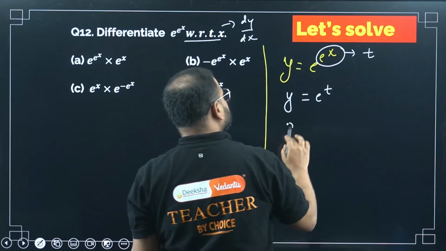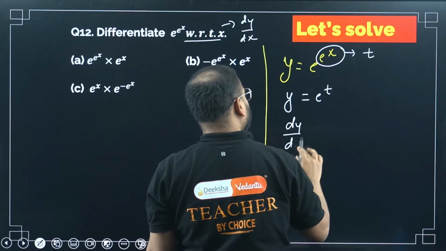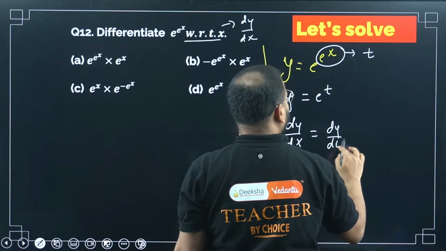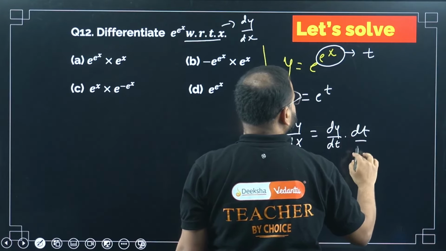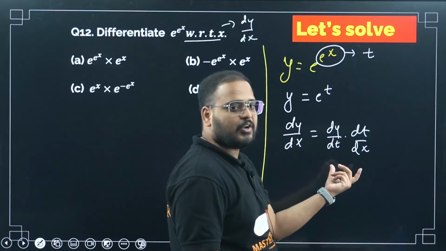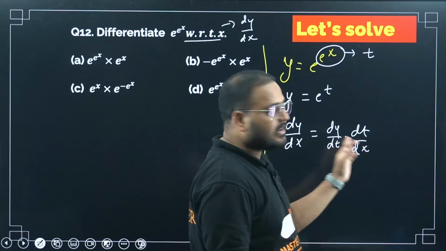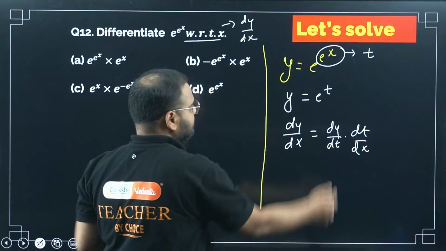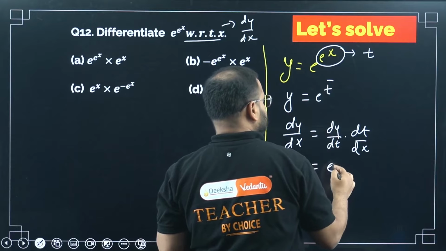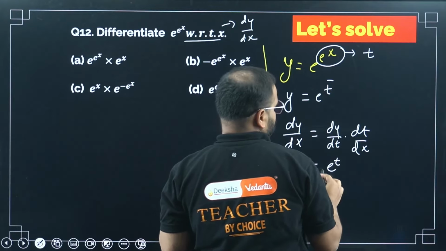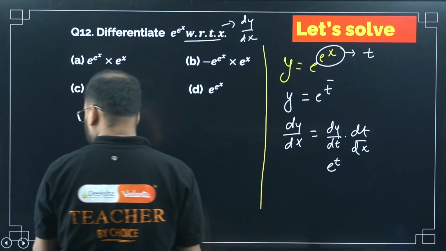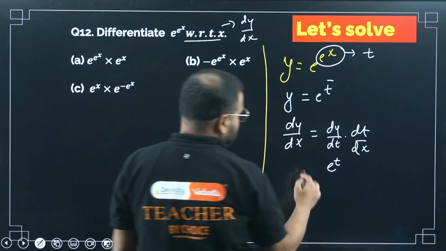I can write dy by dx as dy by dt and then dt by dx. This is the chain rule, right? dy by dt, then dt by dx. Correct? If I do that, what am I going to get? What is my y value? e power t. It will stay as e power t only. Please check.